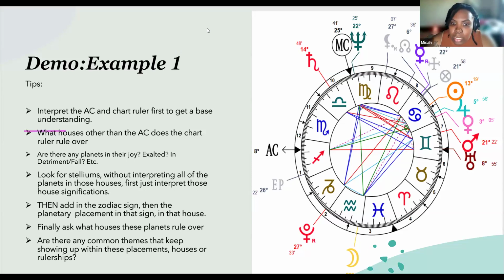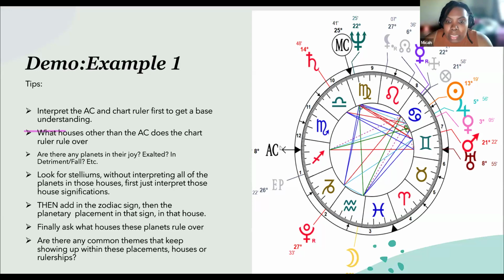Jupiter is in the whole sign 8th, and so it can be like, what do I need from someone else? I think I actually remember what chart this is. Yes, I know what chart this is.